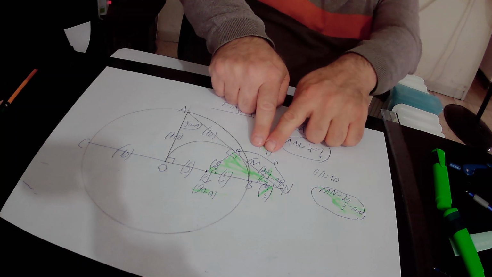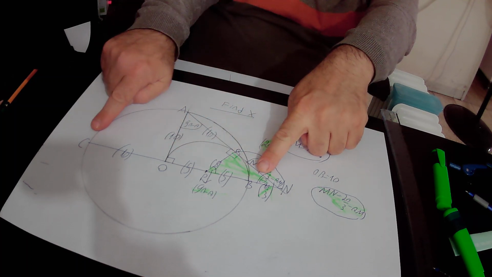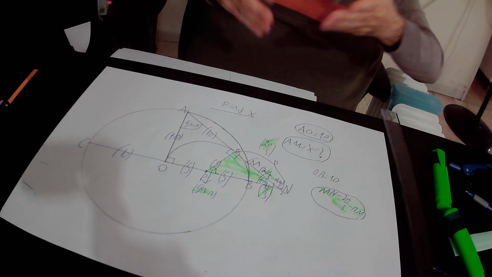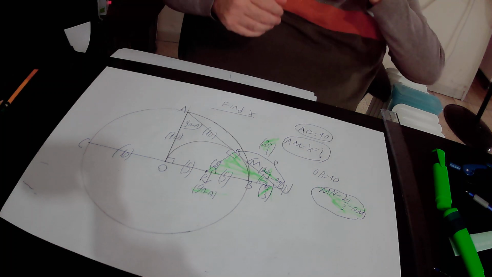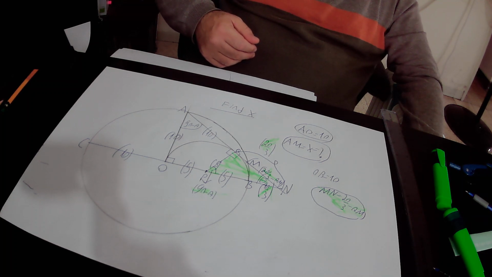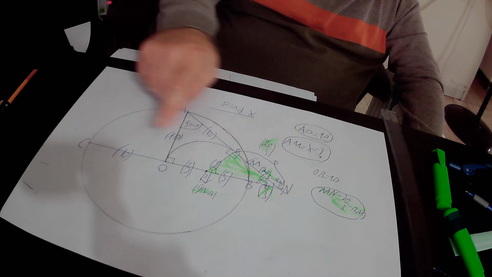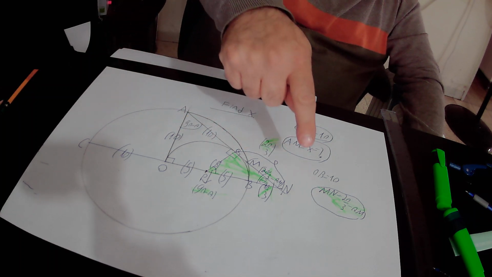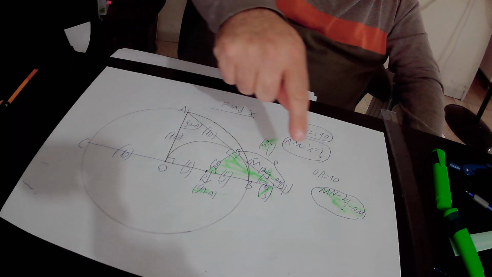The first chord is called MA and the second chord is called BC. So all the requirements of rule number 14 are met, and for that reason you can implement rule number 14 here. According to rule number 14, NB times NC equals NM times NA.